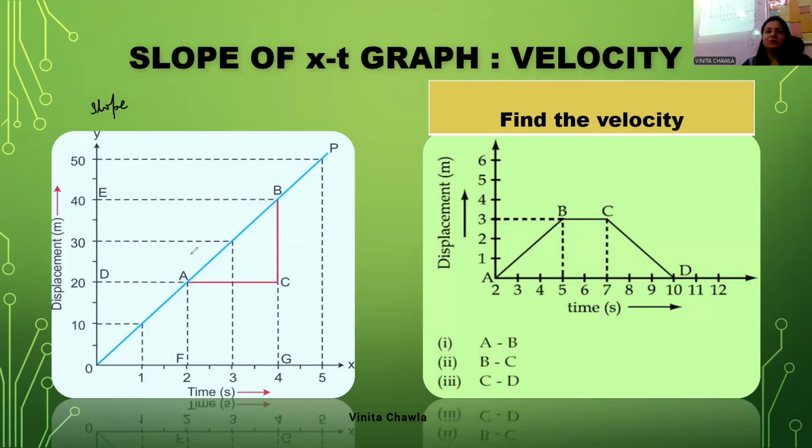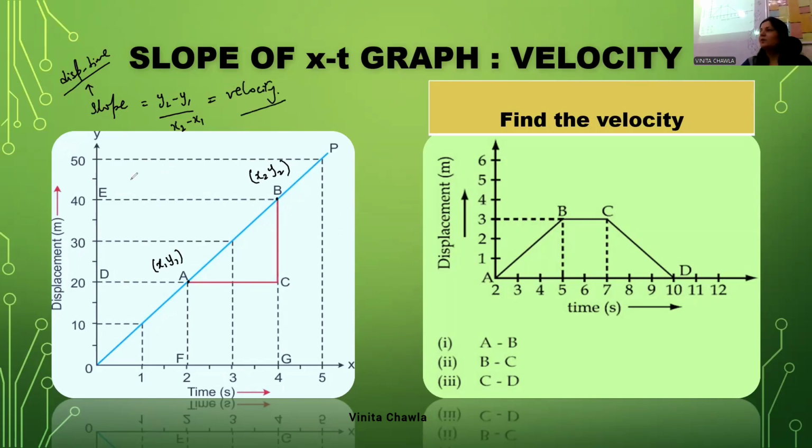So for this, we'll consider 2 different points. है ना? Let this point be x1, y1, and this is your x2, y2. Then slope is y2 minus y1 upon x2 minus x1, and slope of displacement time graph gives the velocity. Because we are finding slope of displacement time graph, so the value that we'll get is of velocity.